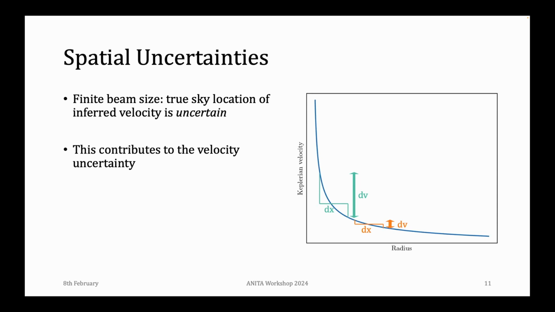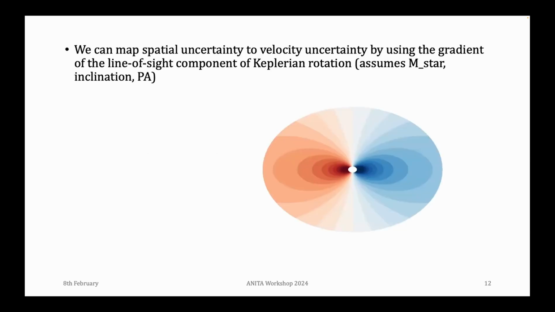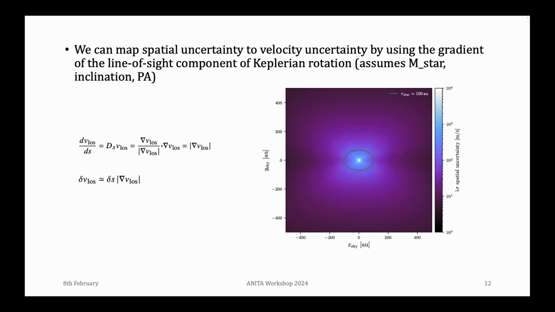So for a 2D map of the sky and the velocities on the sky, you can do an equivalent thing where you use the gradient of the line of sight velocities to calculate how, if you screw up on the sky a little bit, how much you screw up in velocity. And so that gives you a map that looks something like this.